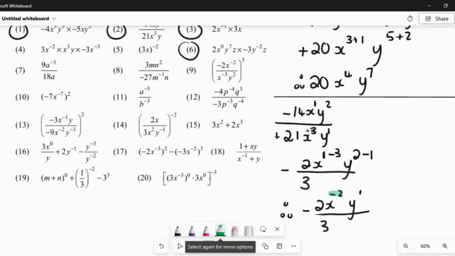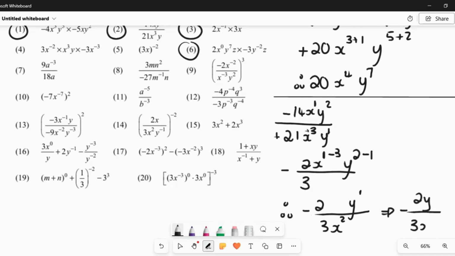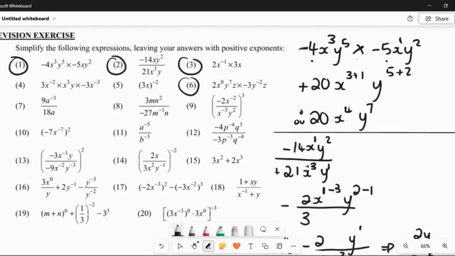So we need to write that negative 2 at our denominator so that it can change the sign and become a positive. So this whole x, we're going to take it below. Remember, it was an exponent of 2. We're going to leave it like that. So now finally, our answer will be negative 2y over 3x squared. That's about it. Now let us go on to number 3.